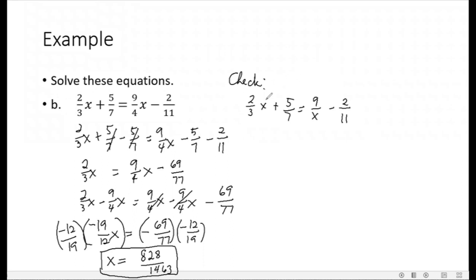Okay, for the checking, let us verify that our value is true by means of checking. We are going to substitute the value of x to the original equation.